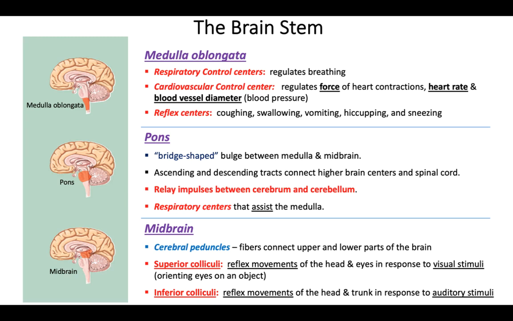So it helps orient your eyes onto that object and then respond to that. Maybe you have to move out of the way, or let's say it's a baseball and you're at a baseball game, maybe you'll respond by catching the ball or at least protecting yourself from that visual stimulus. And then below it are the inferior colliculi.